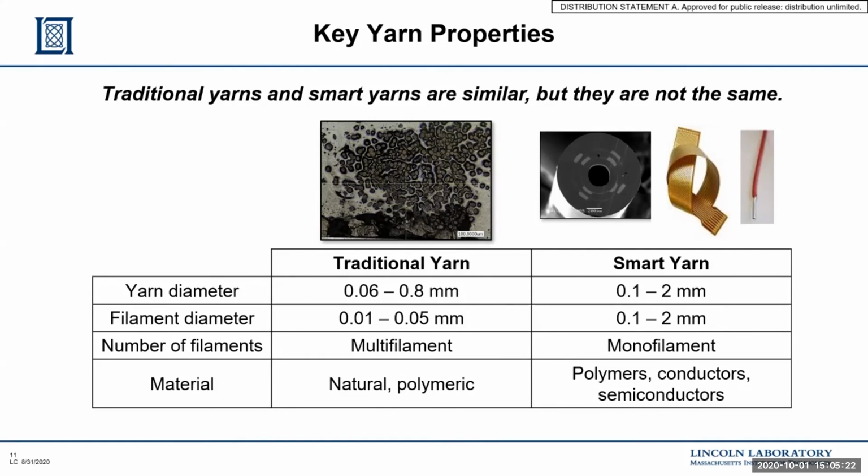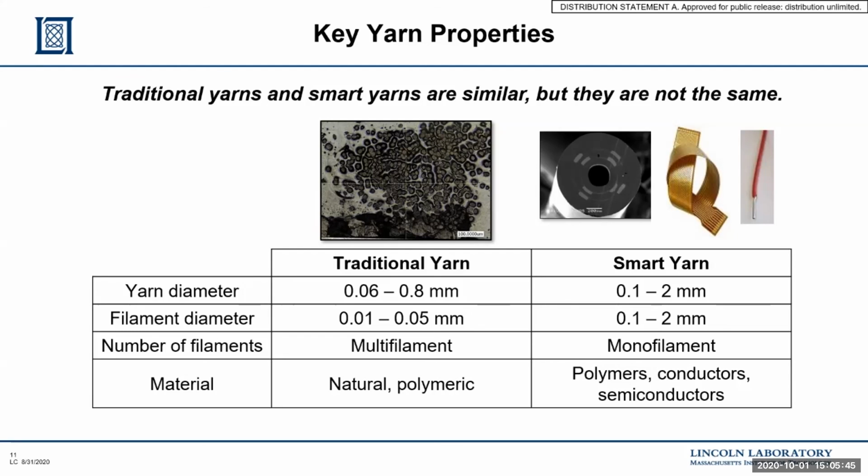One would be the structure. Traditional yarn generally has a multi-filament structure with each filament 10 to 50 microns in diameter, whereas our smart yarns here are monofilaments, so the filament is the yarn diameter, 1 millimeter or so. And then also material differences, right? As we start to incorporate electronic functionality, we need conductors and semiconductor materials as well.